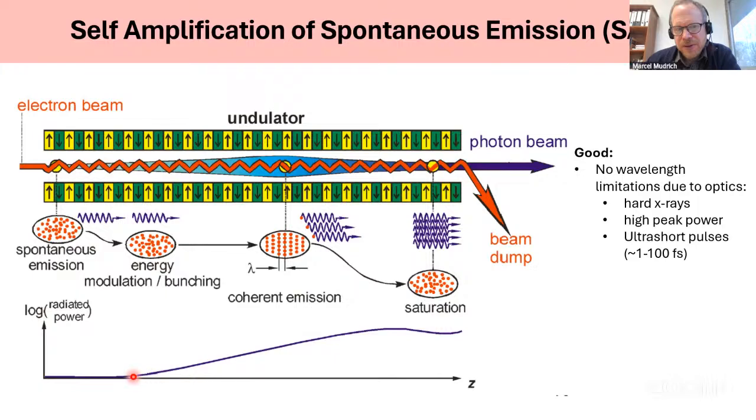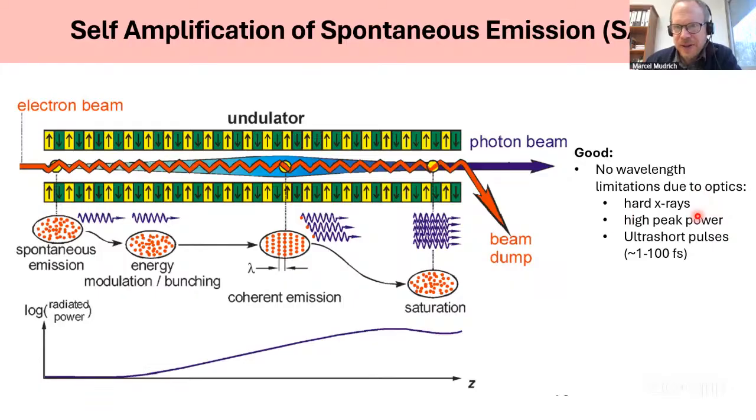The radiated power then increases across the undulator by 4 to 5 orders of magnitude in the best case before reaching saturation, and then it can stay constant or drop again, or there can be some oscillatory behavior. You will also see how the different experimental parameters control the buildup of the SASE radiation and what is happening later on. Of course, this is a great thing to produce laser-like intense radiation in the hard X-rays.